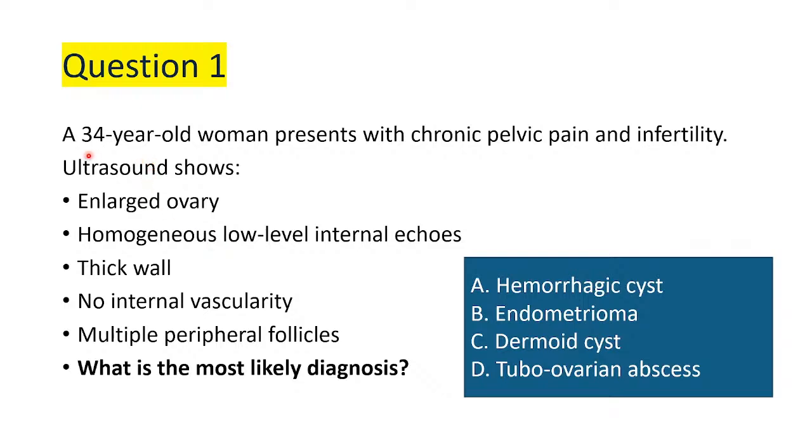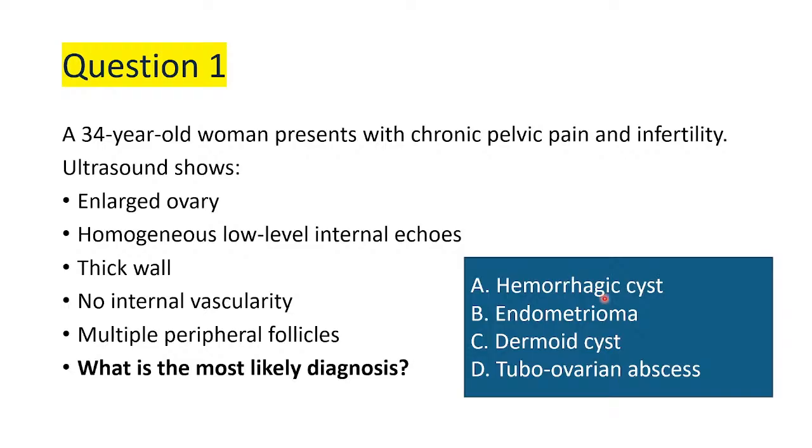Let me come again. A 34-year-old woman presents with chronic pelvic pain and infertility. Ultrasound shows enlarged ovary, homogeneous low-level internal echoes, thick walls, no internal vascularity, multiple peripheral follicles. What is the most likely diagnosis?